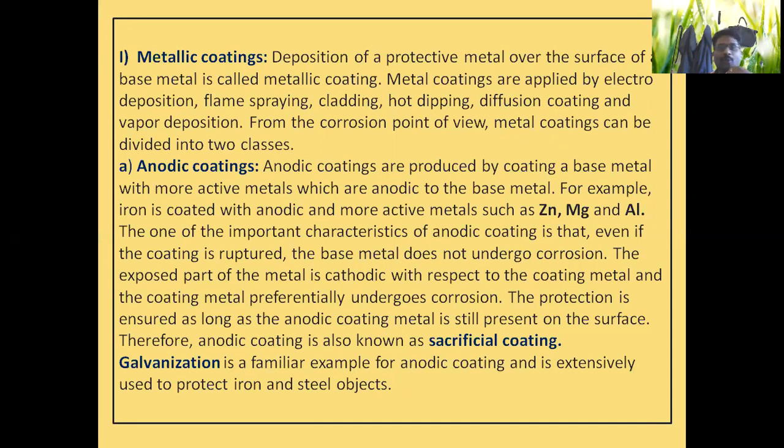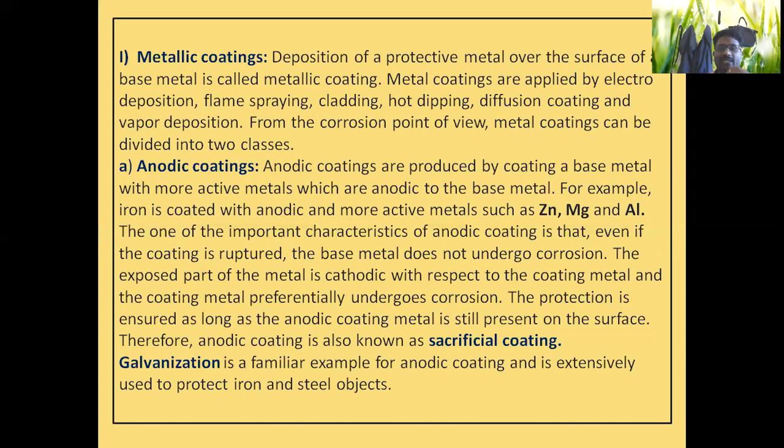One of the important characteristics of this coating is that even if the coating is ruptured, the base metal does not undergo corrosion. The exposed part of the metal is cathodic with respect to the coating metal, and the coating metal preferentially undergoes corrosion. The protection is ensured as long as the anodic coating metal is still present on the surface.